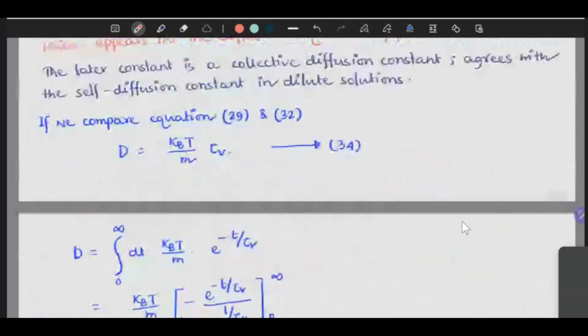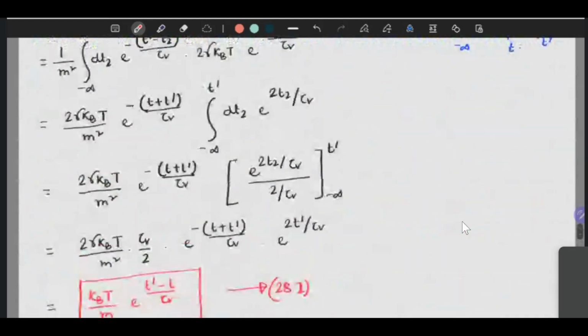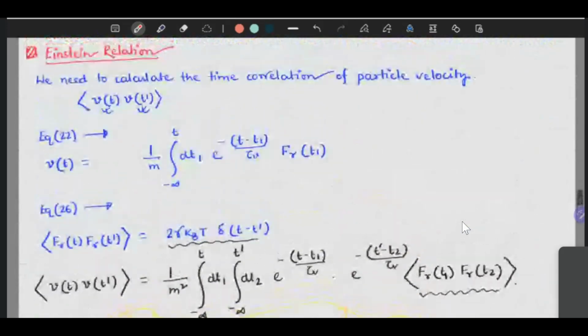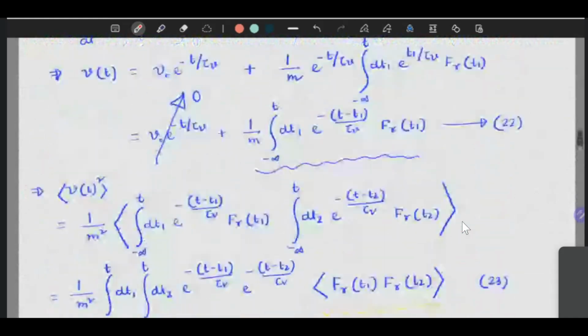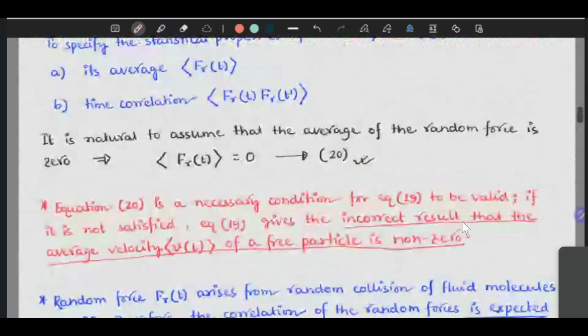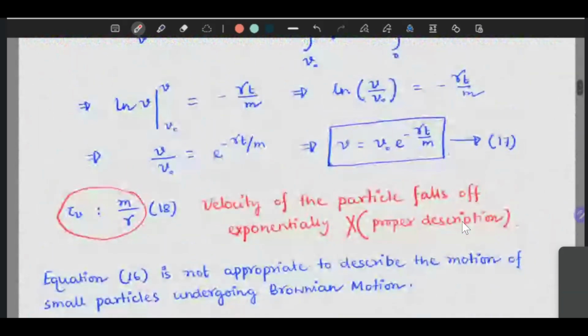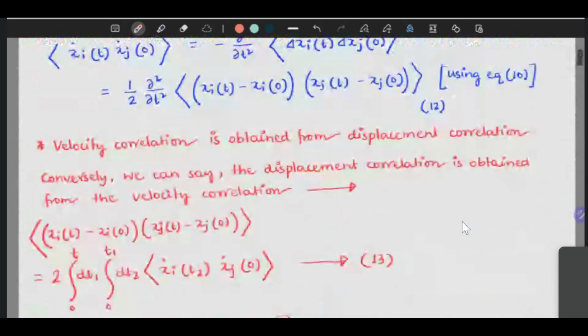Okay, so we will use this relation, 19 probably. From this relation we will try to see how it is going to change.